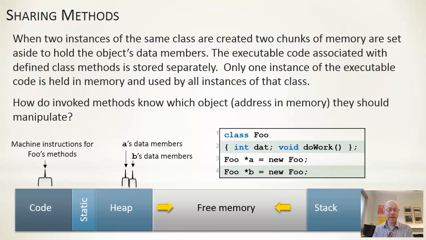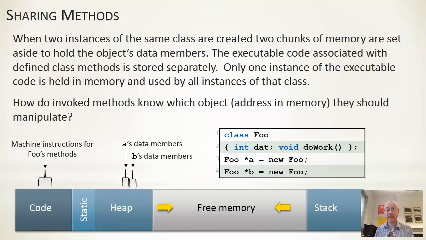The way this is done is that you actually have a hidden variable. It's not that hidden because you can access it. It's the this variable. So there's an additional variable that factors into the methods, and it addresses or tells that method where the data that it's working on is found.